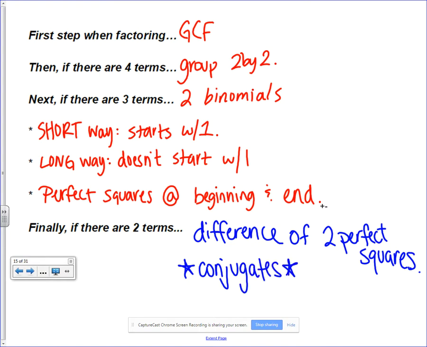That is now the 3rd time in this class you've heard the word conjugates. Conjugates means the same parentheses, just 1 plus and 1 minus. Everybody good? Are we ready to try some? Yeah? Sure? Okay, here we go.